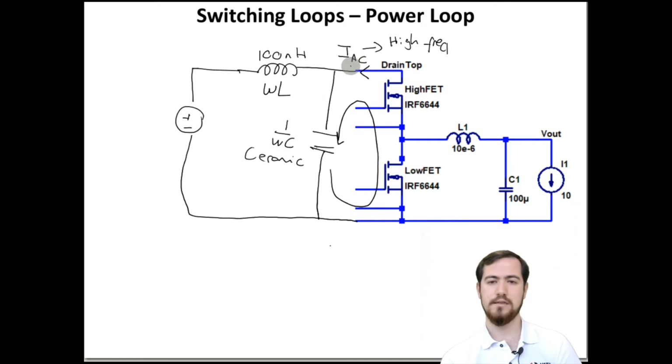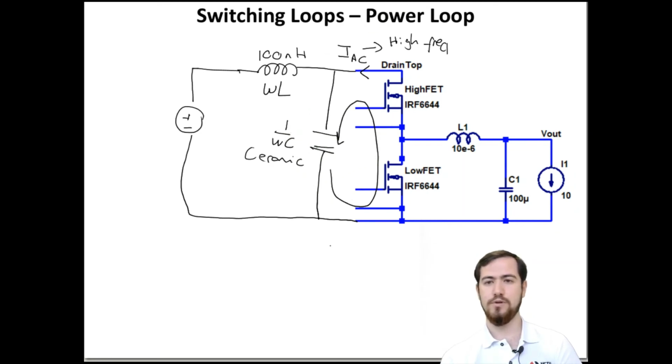So if this current, such as a switching current, has a high frequency component, the inductive path should have much higher impedance than the capacitive path. So this current is going to flow through our power loop capacitor to circulate around the power loop.